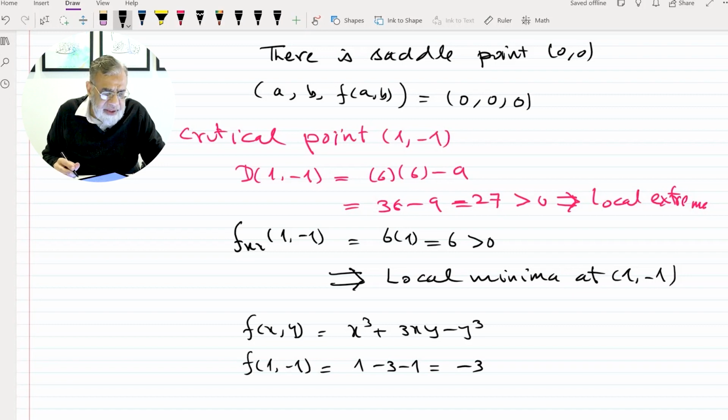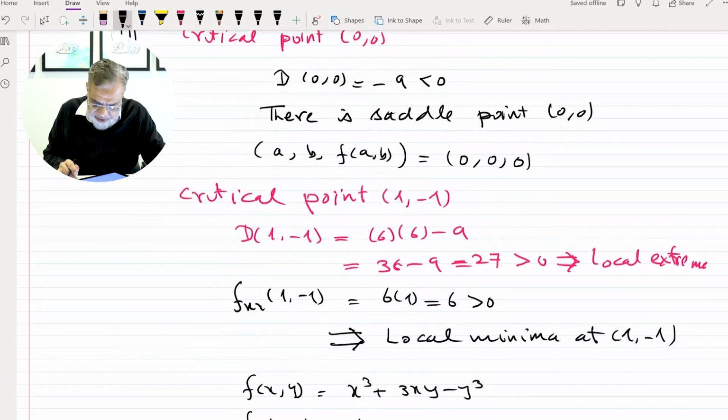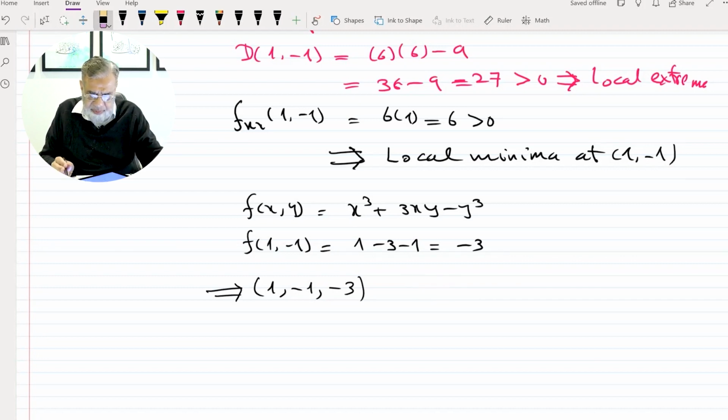So if I want to write my critical point, we have the local extremum of the function: this is (1, −1, −3). This is the point where we have the local extremum. So that's the result of this one. We're having only one local minimum at the point (1, −1).